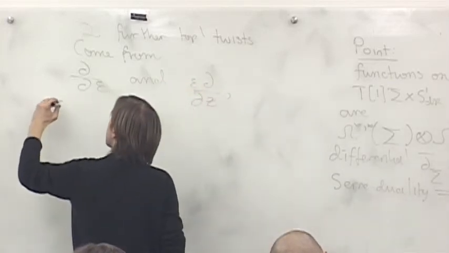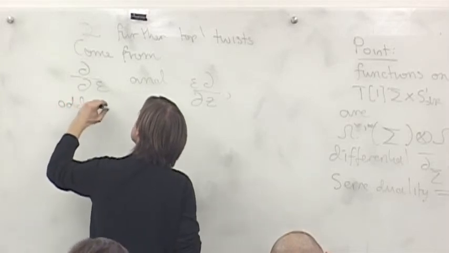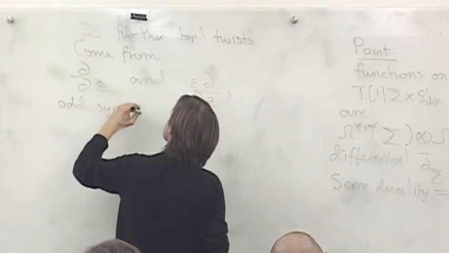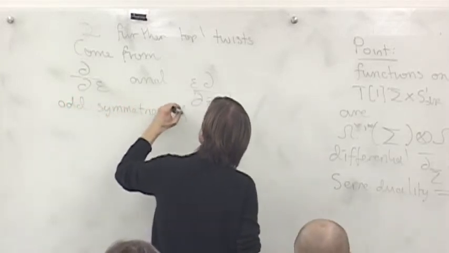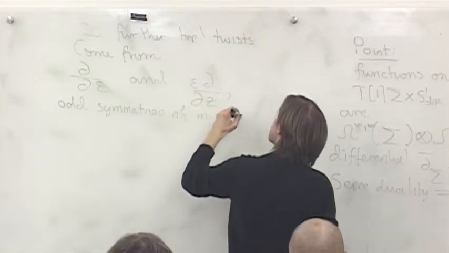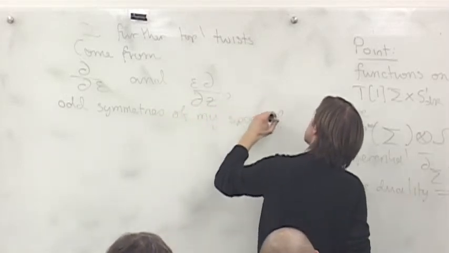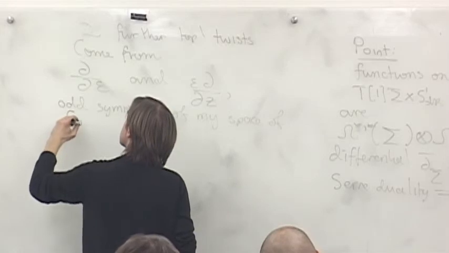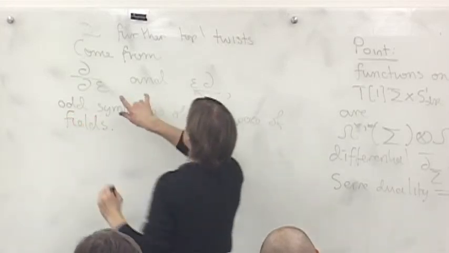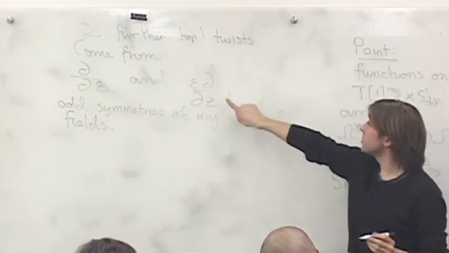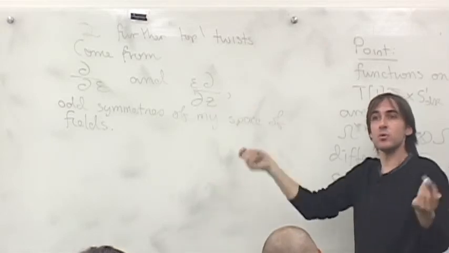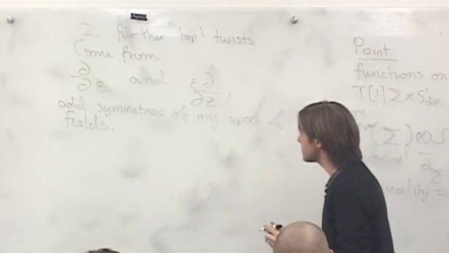These are odd symmetries of my space of fields. Clearly they commute to translation in z, which is what we want from a supersymmetry algebra.